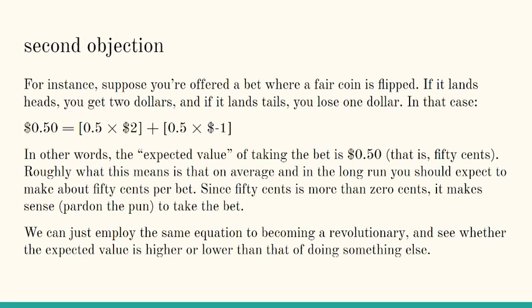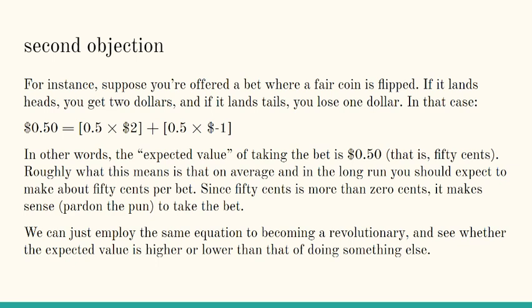You should figure, look, there's a 50% chance that you get $2, so you take 0.5 times 2. There's a 50% chance that you lose $1, so you take 0.5 times minus 1, so you get 1 plus negative 0.5, so the expected value is 0.5. So the expected value of taking the bet, in other words, is 50 cents.